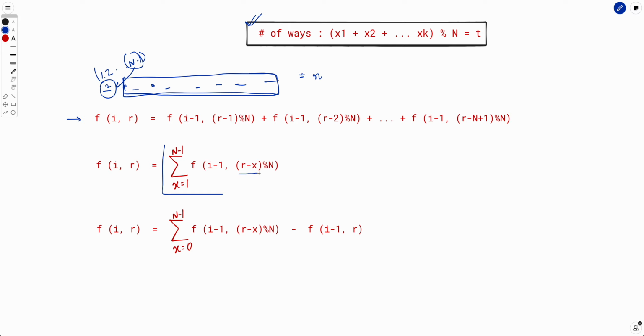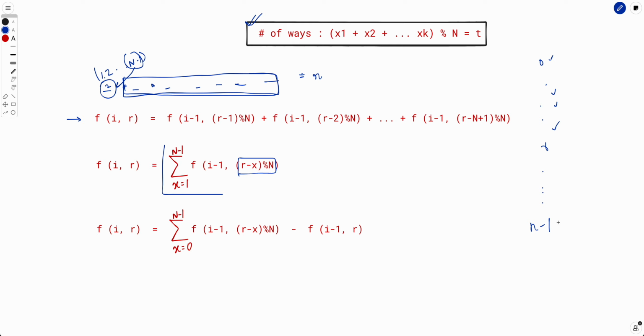Now look at this closely. What exactly does this mean? You have r here, right? You have 0 here and you have n minus 1 here. So you have some numbers in between, right? Now what you are saying is I will subtract x. Now x lies between 1 and n minus 1. So if I subtract 1, I will get this number. Subtract 2, subtract 3, all the way up. If I subtract r, I will get this number.